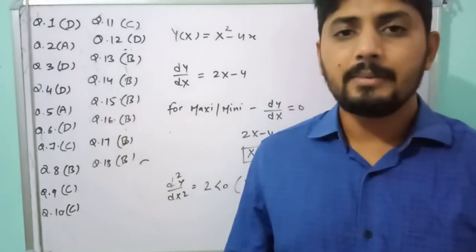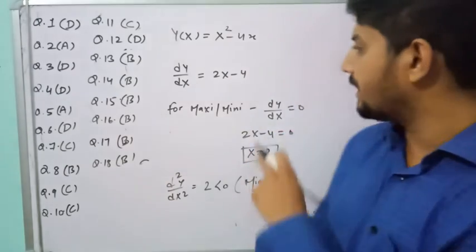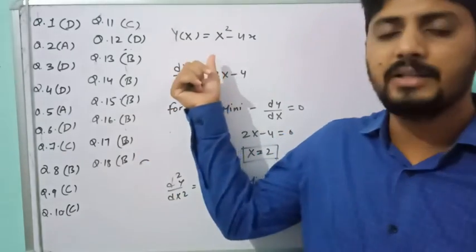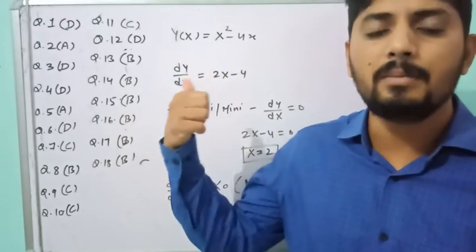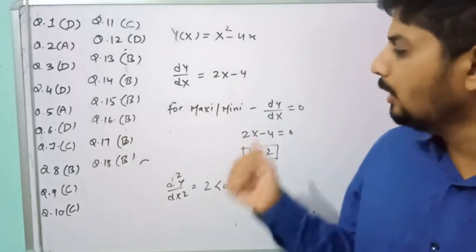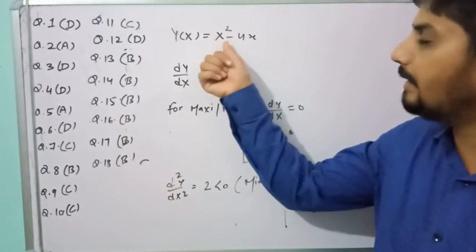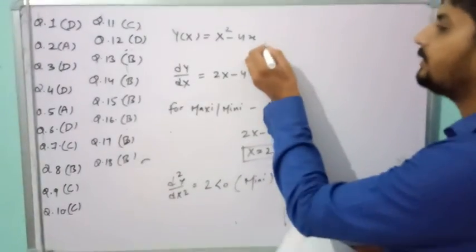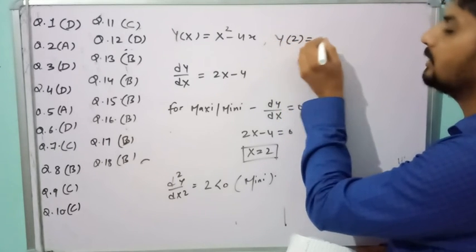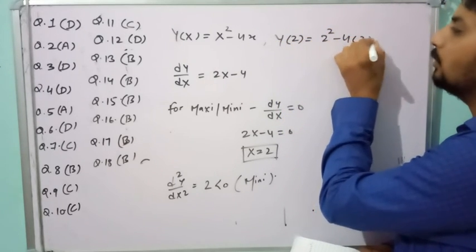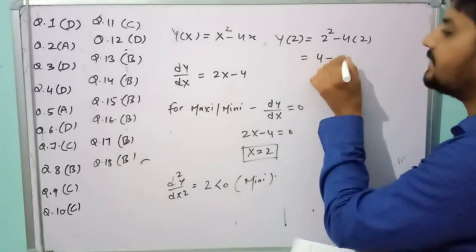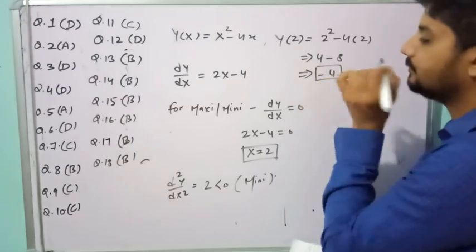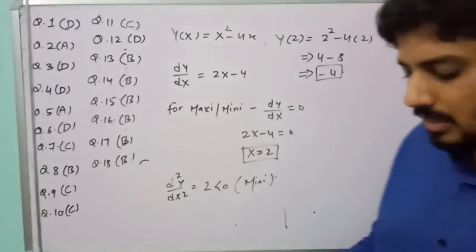Okay. तो बहुत सारे बच्चों ने ये मिस्टेक किया है कि उनको लगा कि जो आंसर है वो हमारा 2 है, लेकिन 2 तो वो वैल्यू है x की जिस पर ये फंक्शन हमारा मिनिमम वैल्यू देगा. आपको क्या फाइंड आउट करना है, इस फंक्शन की मिनिमम वैल्यू फाइंड आउट करना है. So what you are going to do, you are going to substitute x is equal to 2 in our function, because that is the minimum value of the function, right. So x is equal to 2, you are going to substitute it. So this will be 2 square minus 4 into 2. So your answer will be 4 minus 8. So answer is minus 4. This will be your answer. Okay, so option B is there.